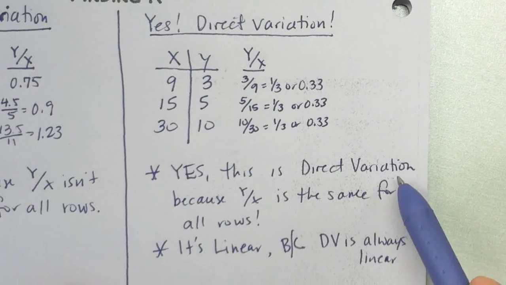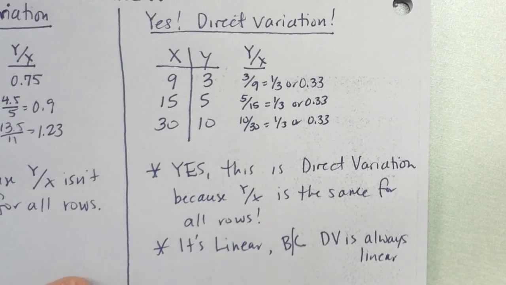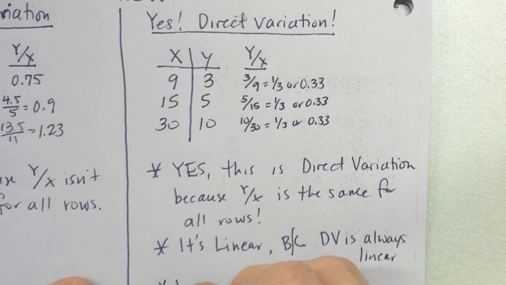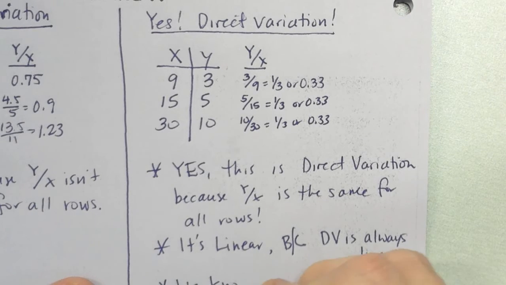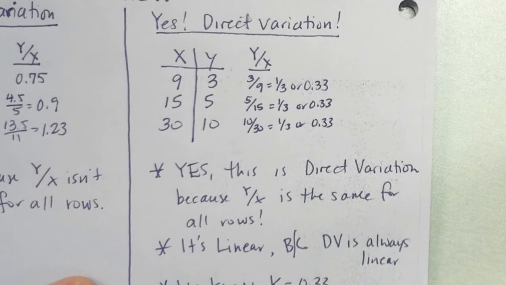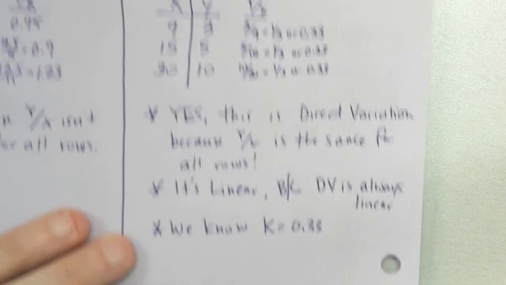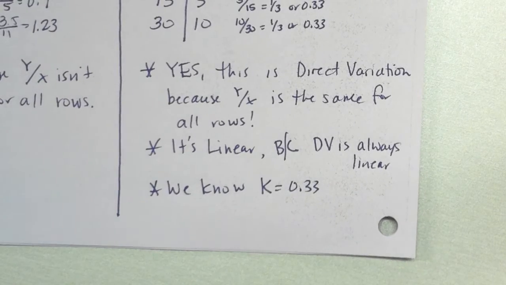So we know it's direct variation, but because it's direct variation, we know it's linear. Also, we know that k is 0.33. So we're ready to write our equation because we've got everything we need. So when we figured out that this was direct variation, we got 3 important pieces of information. We know it's direct variation, we know it's linear, we know what k is.